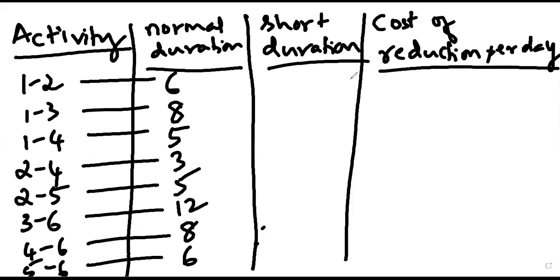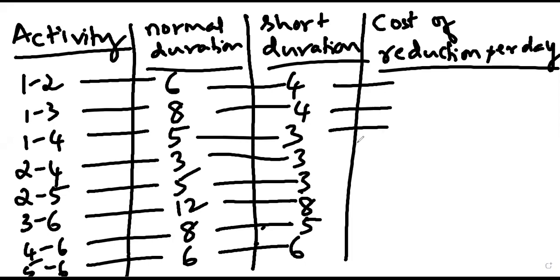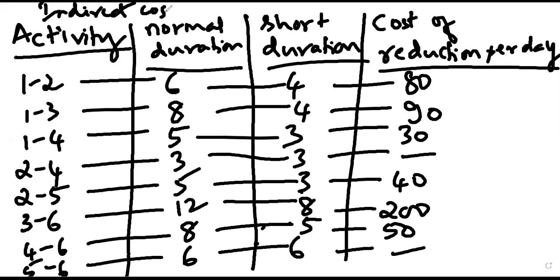Well, 8. Cost of 18. This was some direct cost. Some of the data is given.